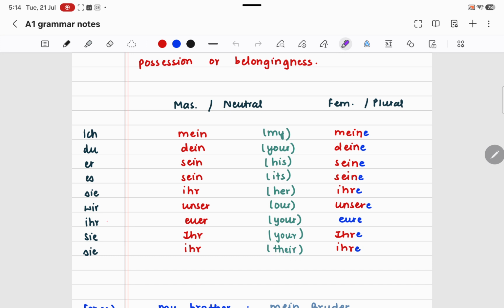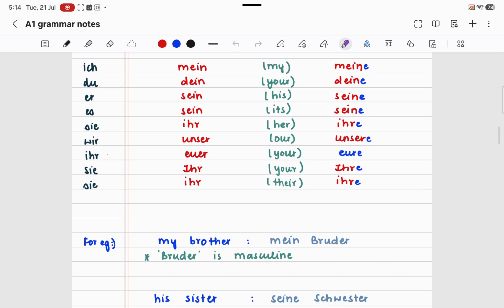Now you might be thinking, why do we have mein and meine? Why do we have genders here? The answer to this question is very simple. These possessive pronouns always come with a noun, and wherever in German a noun comes, the gender comes.